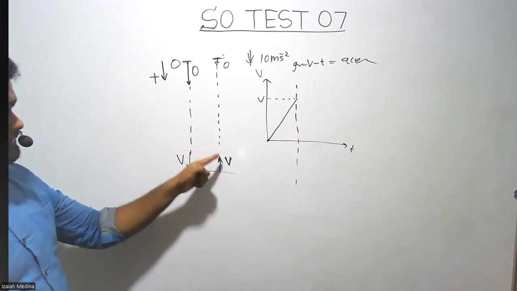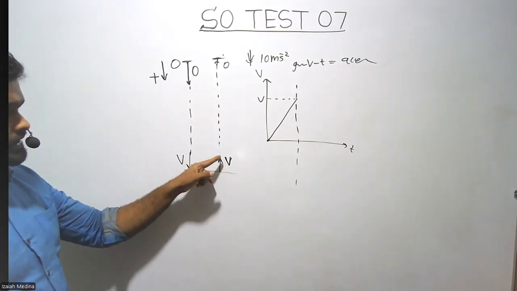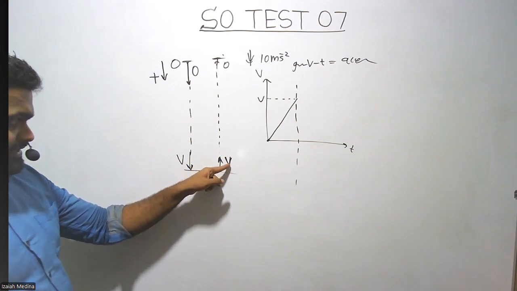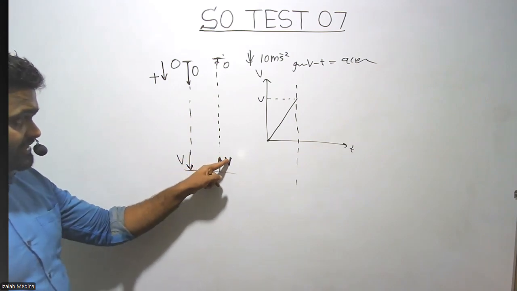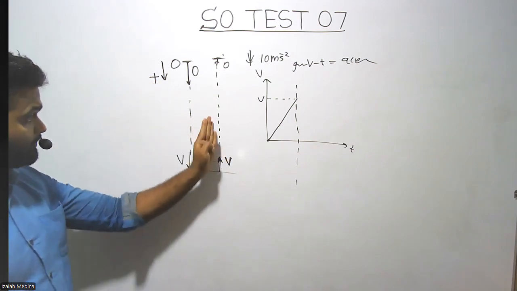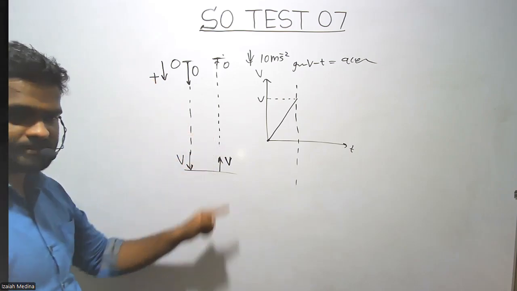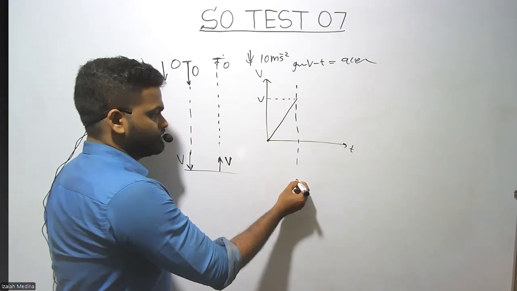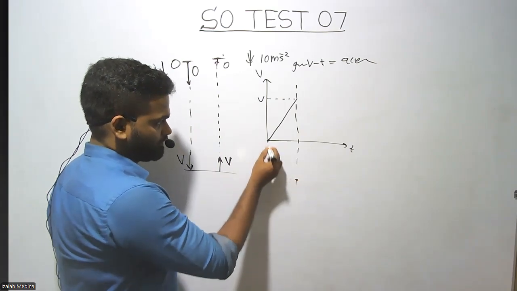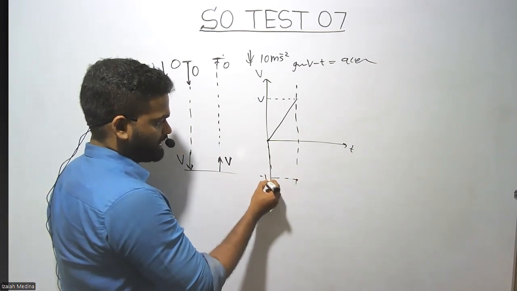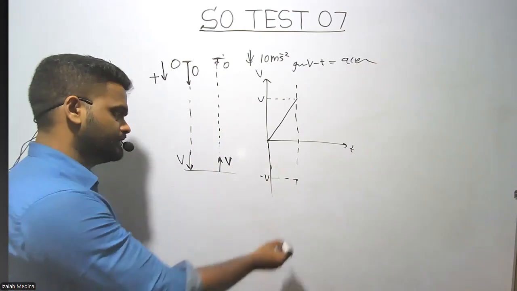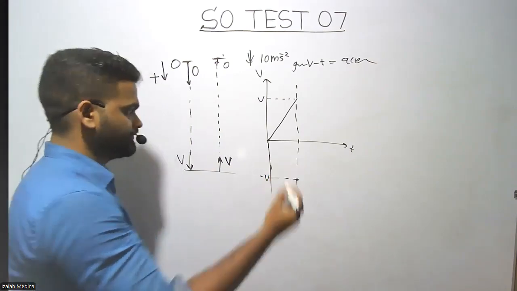Now what is the sign of this velocity? Magnitude is the same as this, but direction has changed. So it is upwards, so it should be negative, right? Because this vector is upwards now. So negative V, minus V, right? So I'll just start here.